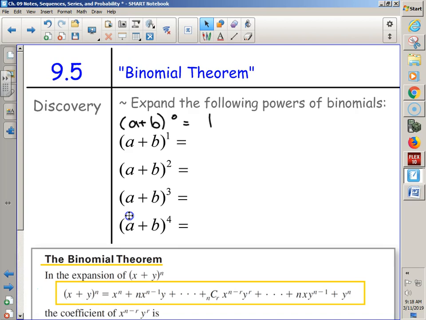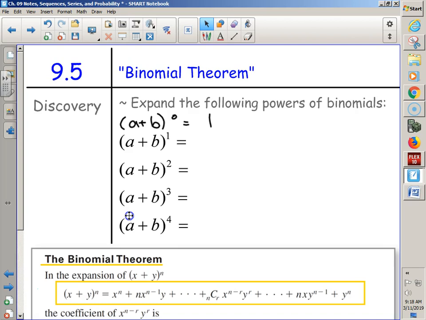True? So we get A cubed plus 2A squared B plus AB squared. But then we have all the B's. And then the A squared B plus 2AB squared plus B cubed. Oh, that's interesting. There's one A cubed and one B cubed.